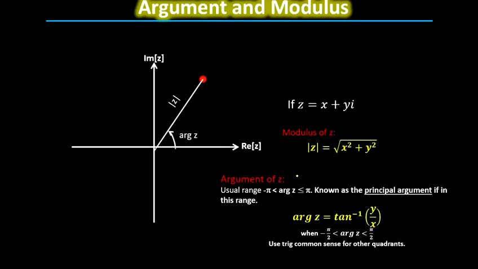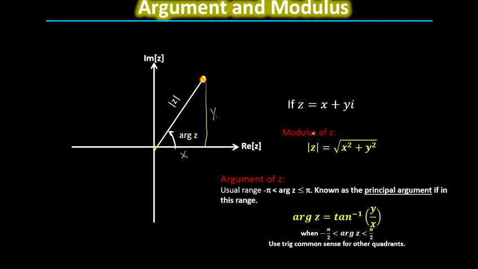Now, when you have an Argand diagram and a complex number here, the distance of this complex position from the origin, this length, is known as the modulus. For the geometrical meaning of the modulus, just apply the Pythagoras theorem: this is x, the real part, this is y, the imaginary part, so you get the root of x squared plus y squared.